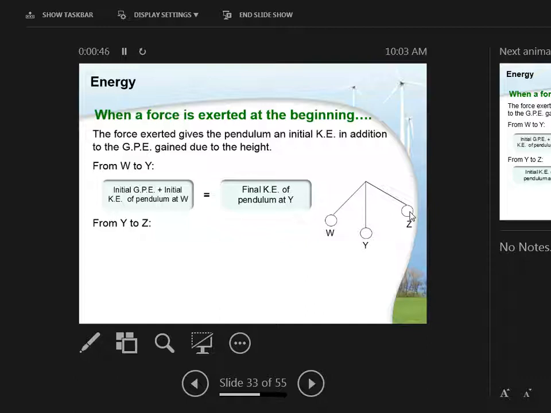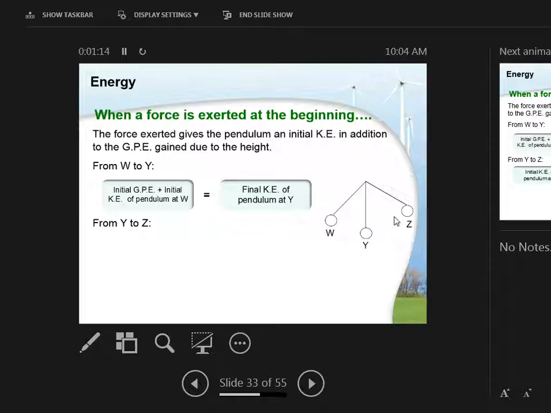What about at Y when it is at the lowest position? Is there gravitational potential energy? It will be the lowest, okay? And the kinetic energy here will be the greatest because it is at the lowest point. So from W to Y, total energy at W equals total energy at Y. Total energy at Y comprises kinetic energy only.